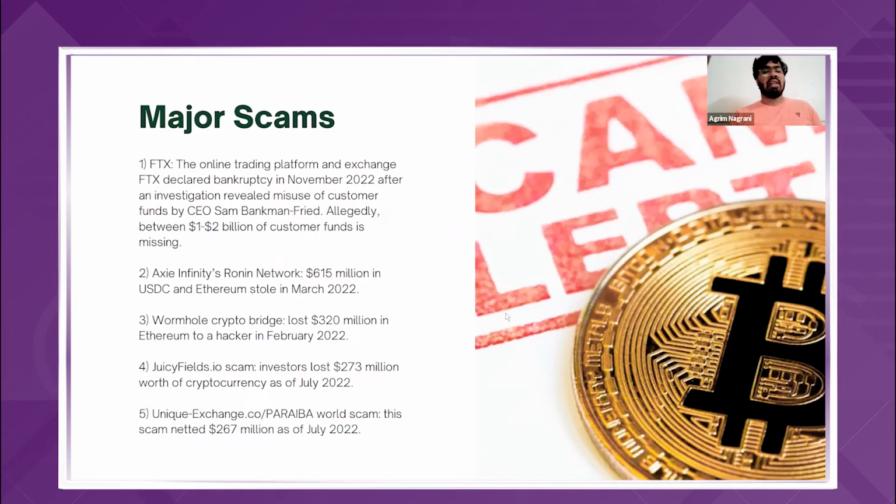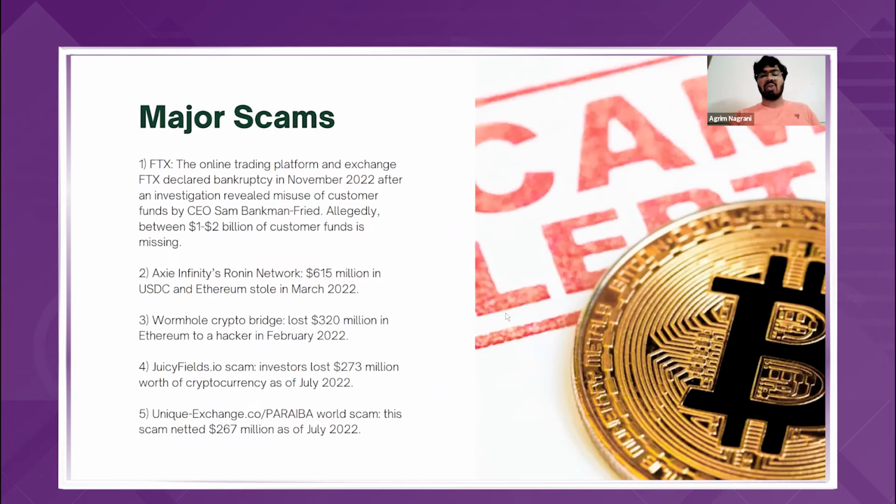Talking about one of the last major scams, it was by Unique Exchange, or you must be knowing of the Paraiba World scam. It was again a scam of more than 250 or 260 million, which happened during the month of July. So, covering all these major scams, there was a report with statistics saying more than $4.3 billion worth of crypto assets involving USDT, USDC, Bitcoin, Ethereum, and various other cryptocurrency assets were stolen from the markets by hackers, or the currency was burned, or there was the scam of Luna Terra Cash.